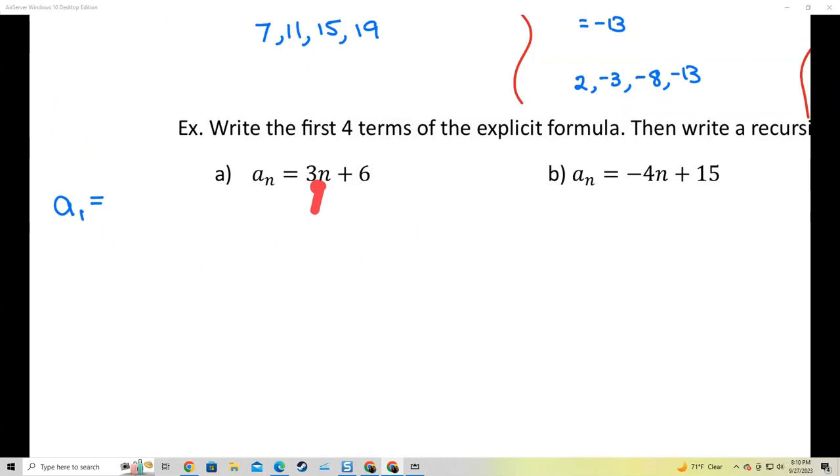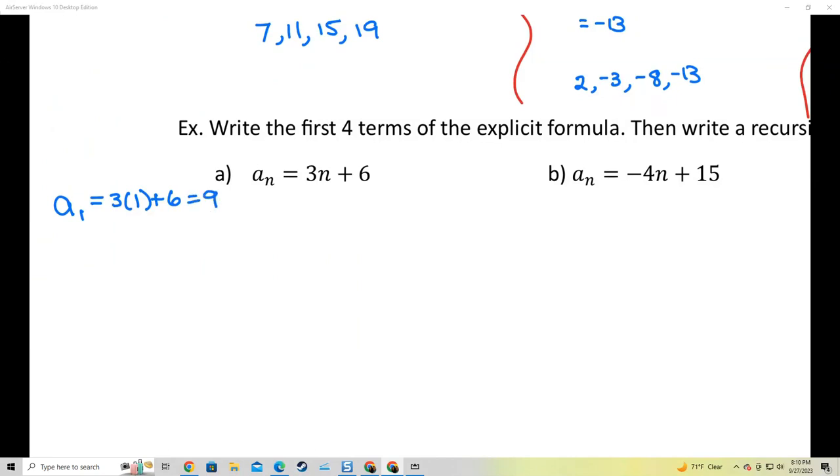I see an n right here. I'm going to replace that with the number 1, and I'm going to get 3 times 1 plus 6. 3 times 1 is 3, and then plus 6 is 9.